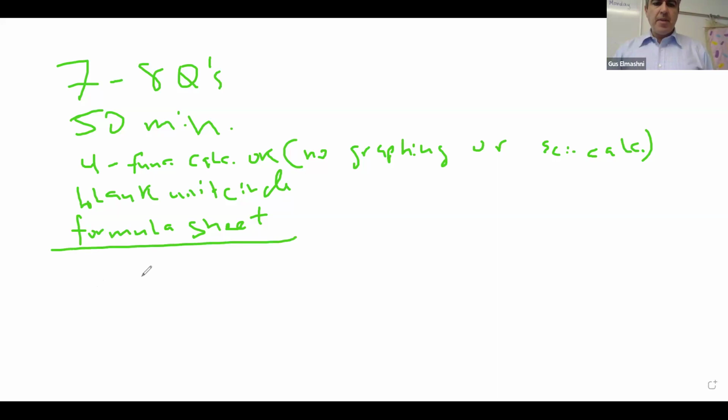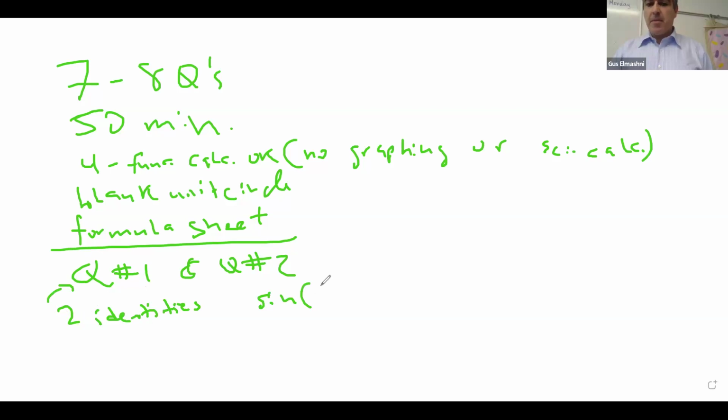Types of questions. Definitely look at quizzes numbers 1 and 2. You're definitely gonna see 2 identities because that was on quiz number 1. Very similar to quiz number 1. You'll definitely see 2 questions like, I'm just making this up, sine of 7 pi over 12.